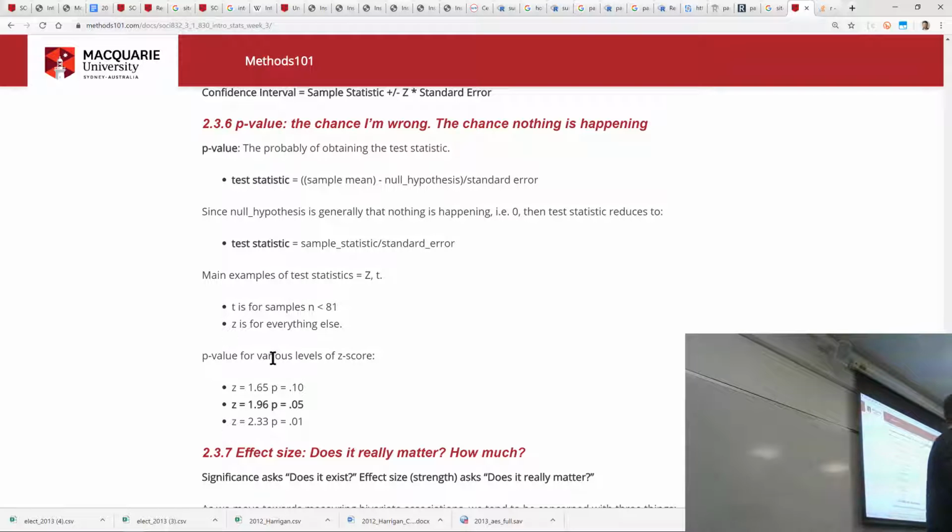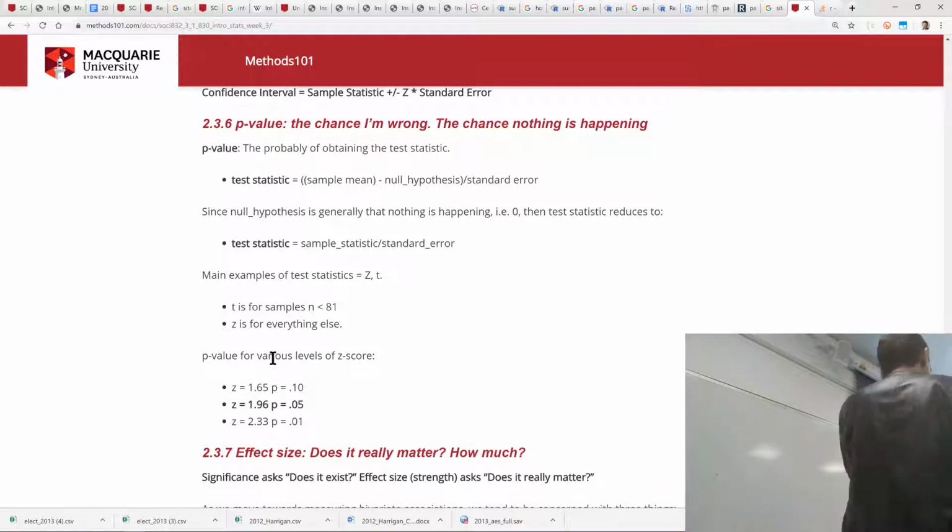So if we have that -1, so for every coffee we get 1 hour less sleep, and say it had a standard error of 0.25, so a quarter of an hour, 15 minutes.